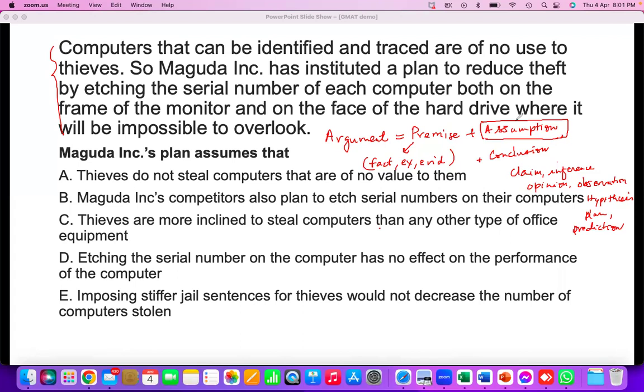So author has something in his mind. On the basis of that, he comes up with an argument, but he does not write assumption. Understood? So any argument will not be complete if there is no assumption. If you fail to identify the assumption, you will fail to understand the argument.